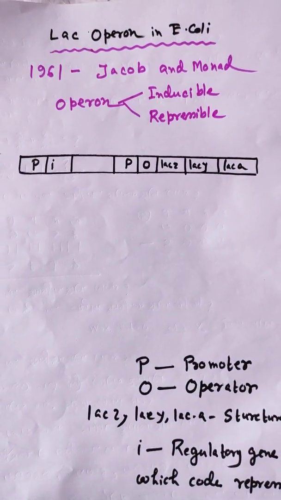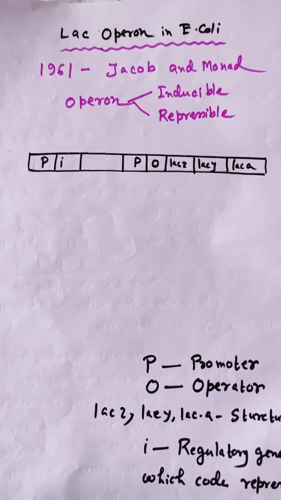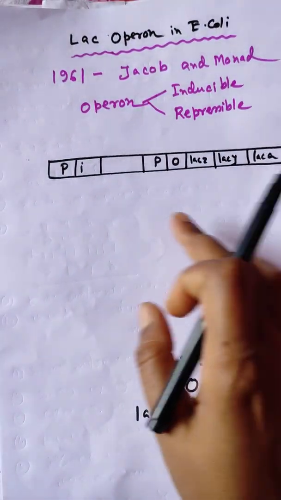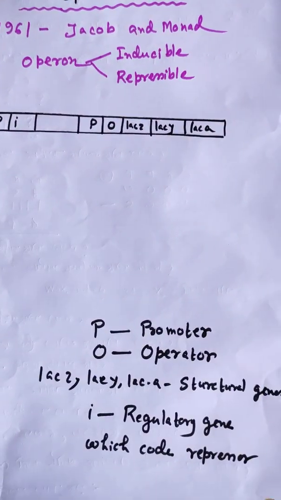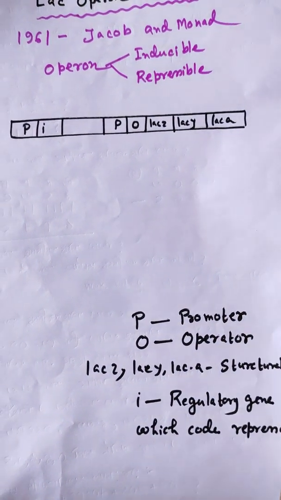Now what actually happens in the operon in E. coli? Here the regulatory gene I codes the repressor.